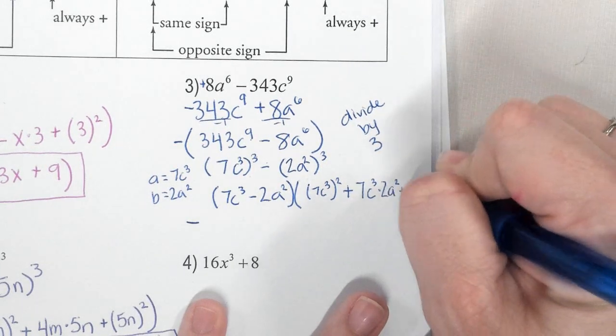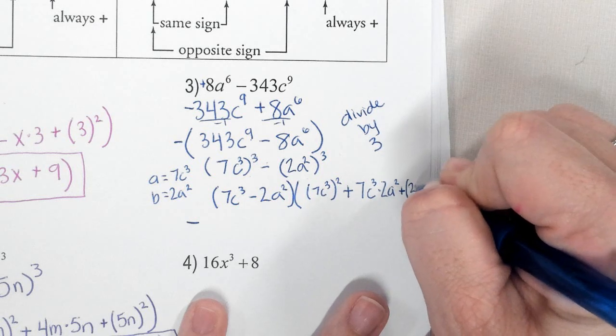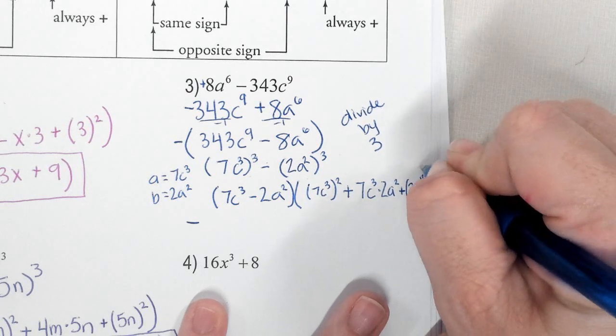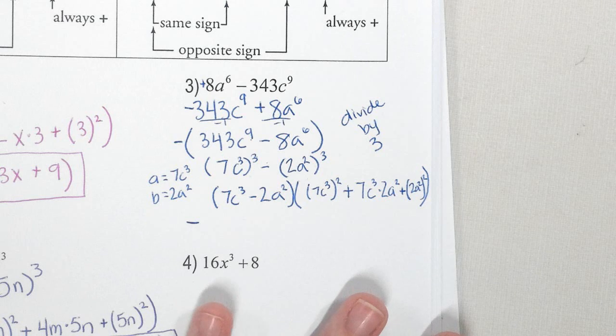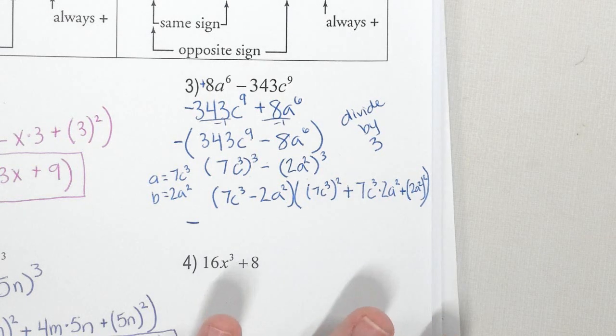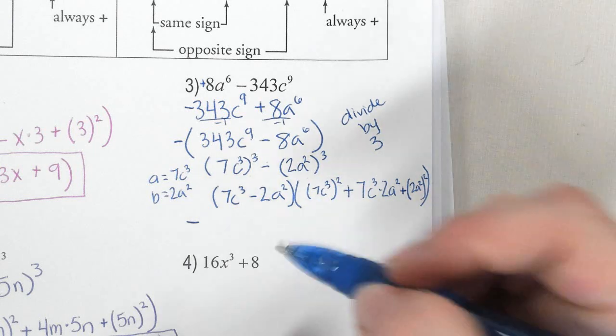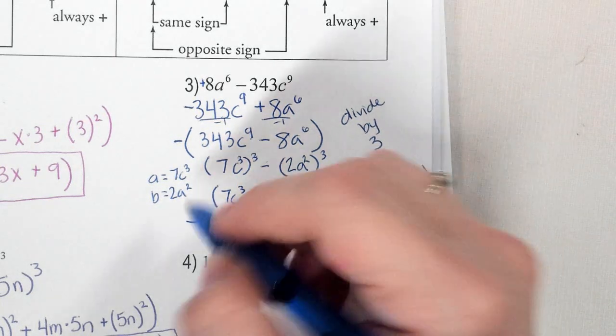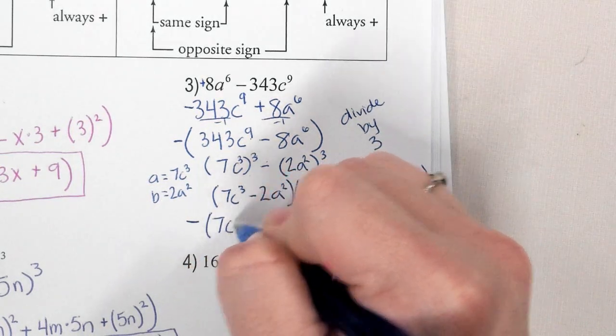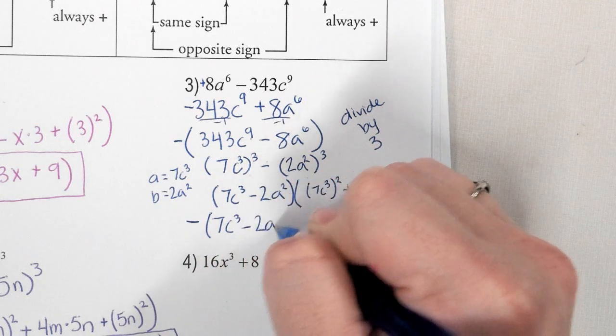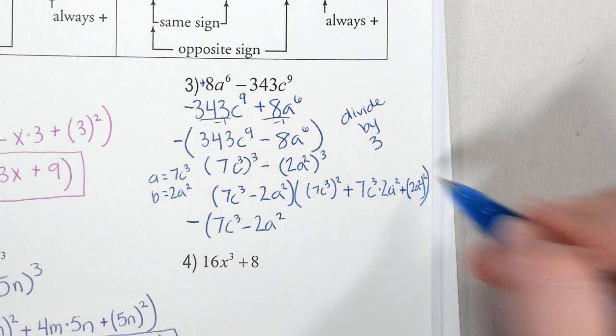So plus my b, so 2a squared squared. We made it work. Any questions with what I plugged in where? Okay, so the cool thing is that front one never simplifies. Where's that last one at? It's just your 2a squared squared.